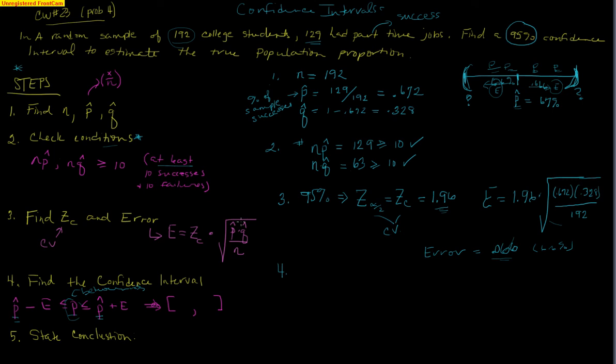So if we take our sample percentage of 0.672 and subtract off the error, that's going to be the lower end of where our true population is, and if we take that same sample percentage of 0.672 and add the error, this will work out to be 0.606, and this one over here will be 0.738, and we will write that as an interval like this.